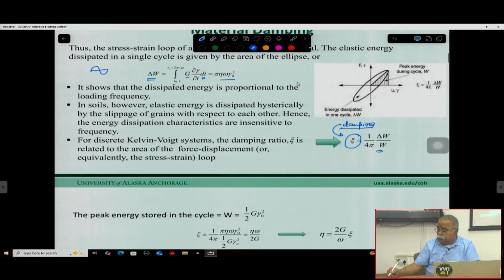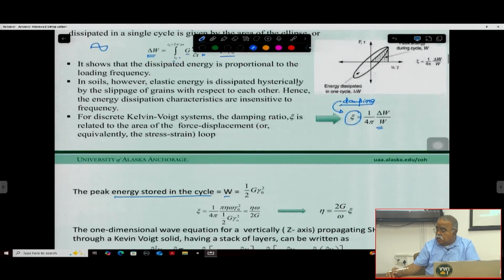Now, the peak energy stored in a cycle is W, which equals half G times amplitude squared, because there is kinetic energy and static energy. If you take only the full part, that equals half of G omega gamma squared.